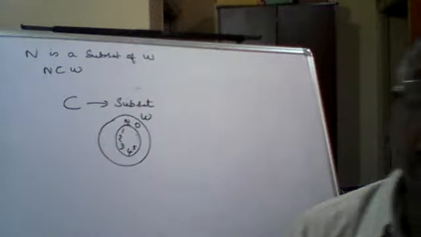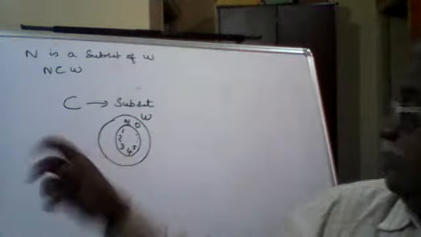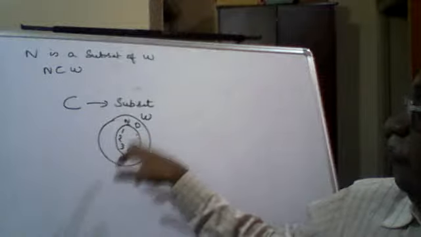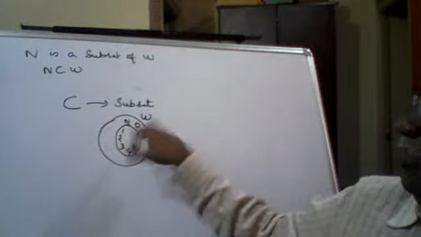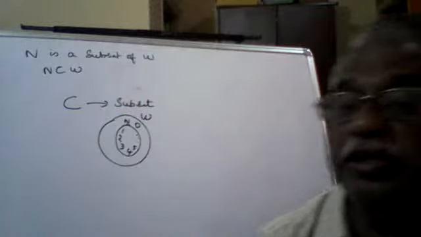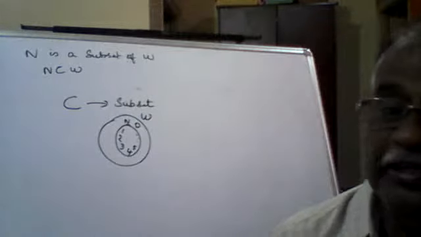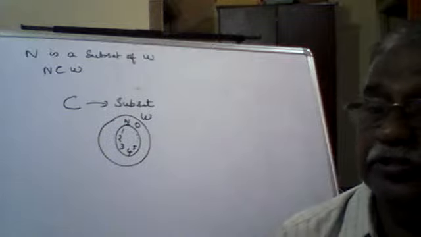Now you will understand N is a subset of W. Subset means N only has 1, 2, 3, 4, 5, while W is bigger. The small one is called the subset and the bigger one is called the superset. So N is the subset of W.